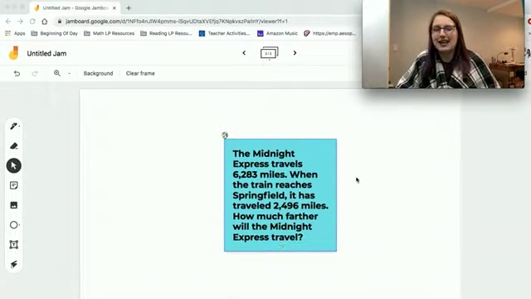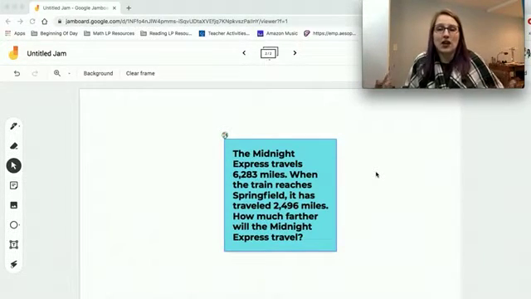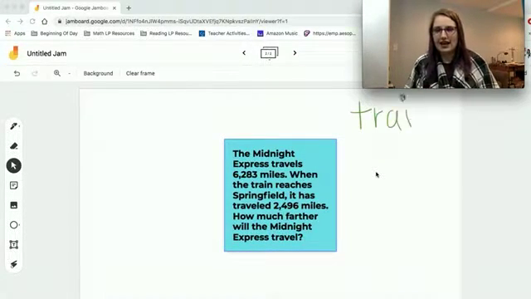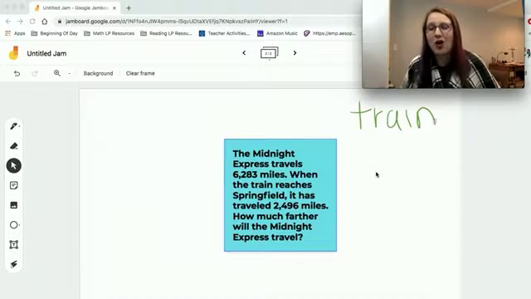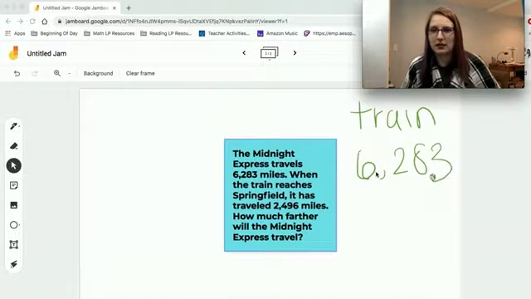So reading this, I can see in my head that there is a train called the Midnight Express. And the whole distance for this train, the amount that it travels, I know is 6,283 miles. That is a lot of miles.